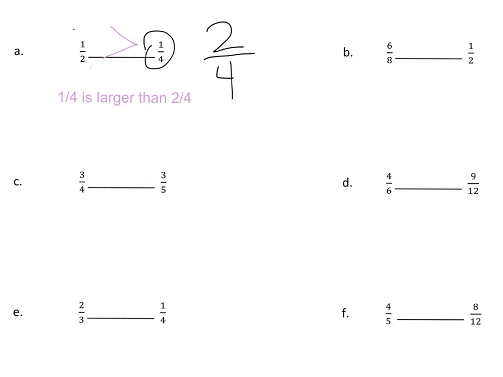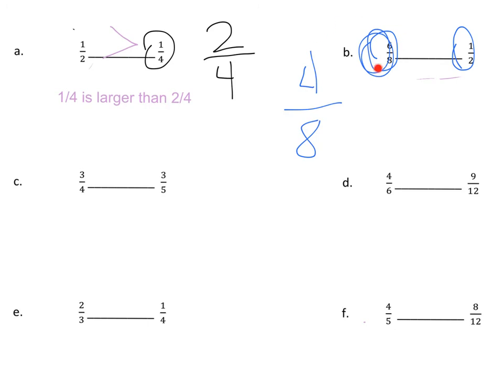You might be wondering, wait a minute, this is really hard. Let's do B here. 6/8 and a half. Now, you already have half given. What would make 6/8 half? Wouldn't 4/8 be a half? Because 4 is half of 8? Yes.